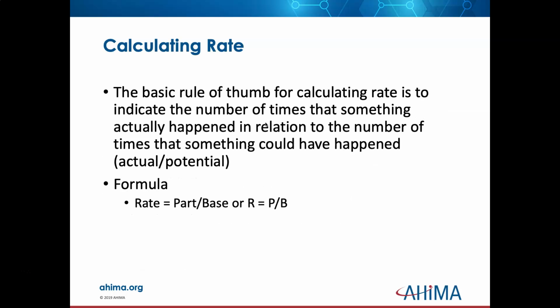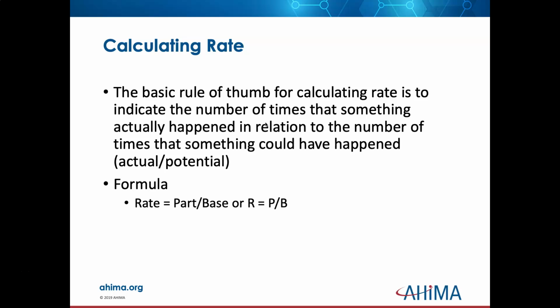How do you calculate a rate? The basic rule of thumb for calculating rate is to indicate the number of times that something actually happened in relation to the number of times that it could have happened. So it's actual divided by potential. So the rate is going to be the part divided by the base.